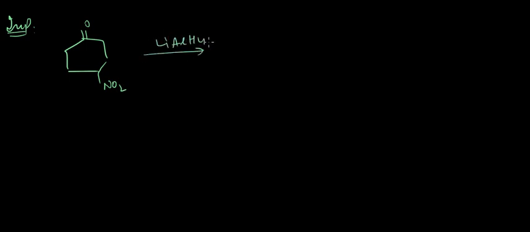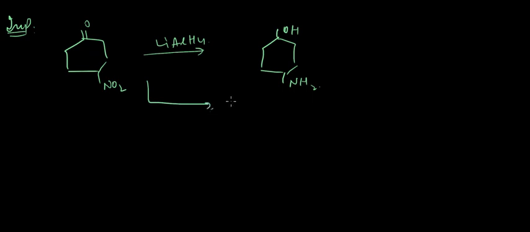So we have something like this, an important example. We have an NO2 group here, and what happens in the presence of LiAlH4 is it will reduce it to NH2, and OH would be here.